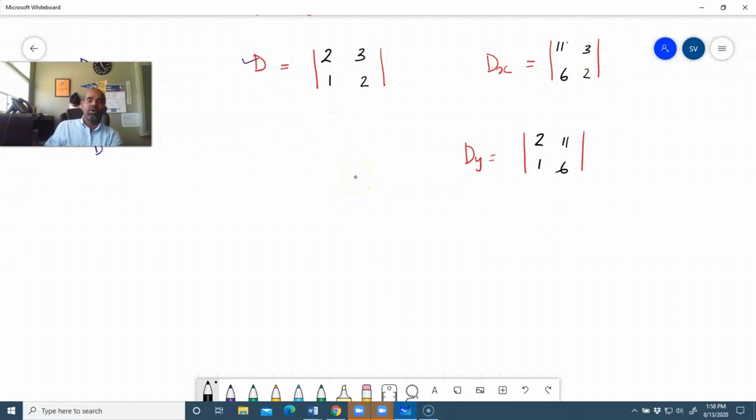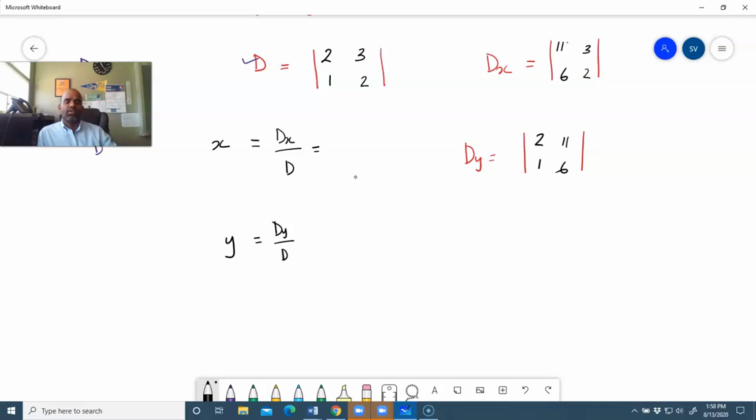Whatever the problem is, whatever the matrix is, this is the initial step. And our objective is to find x and y. As I told you before, x is Dx by D, and y is Dy by D.